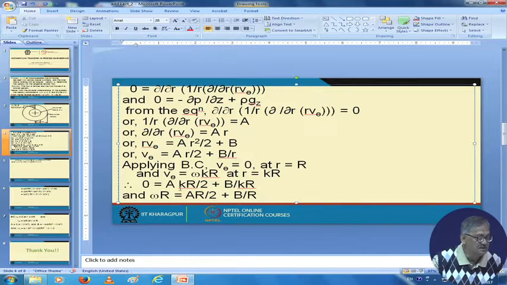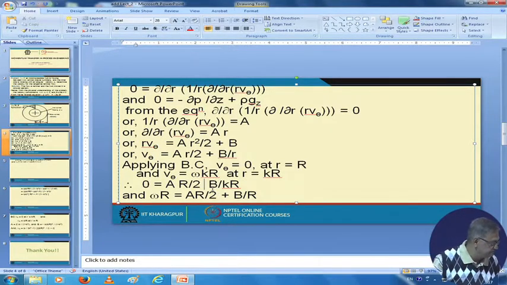That is A R by 2 plus B by R. This is for the first case.